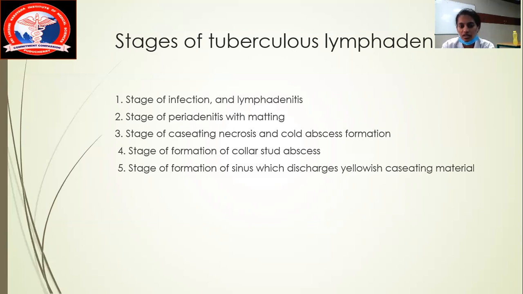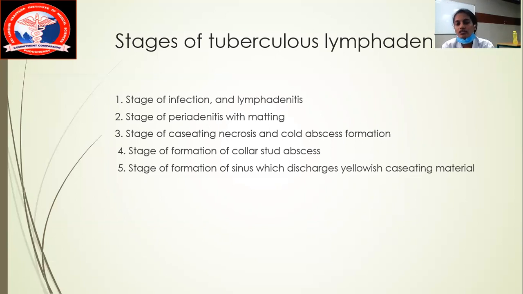The third stage is caseating necrosis and cold abscess formation. Now they have all got matted together and made a very big mass, where the process of caseating necrosis and cold abscess formation starts.